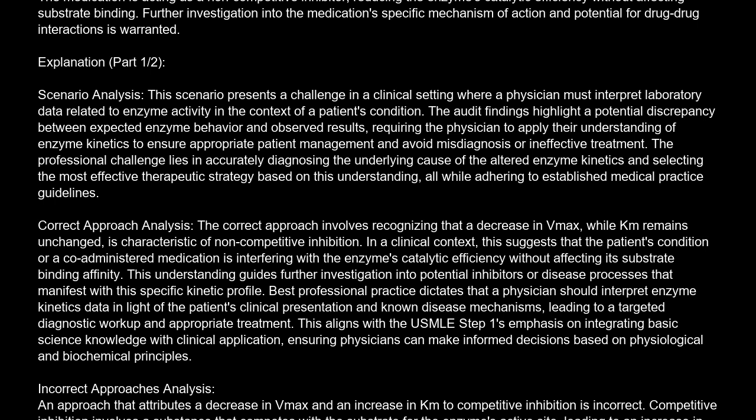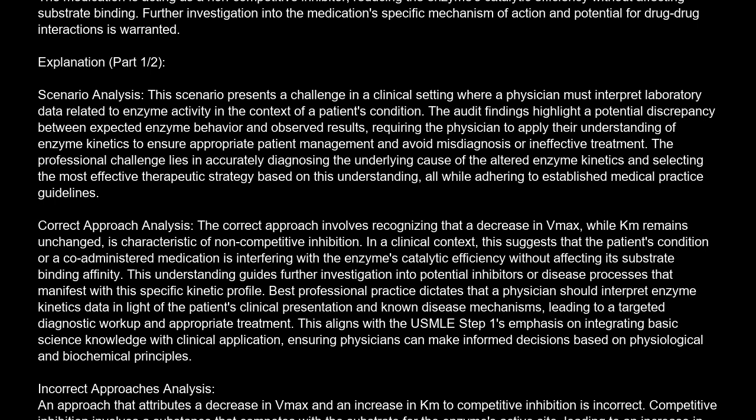In a clinical context, this suggests that the patient's condition or a co-administered medication is interfering with the enzyme's catalytic efficiency without affecting its substrate binding affinity. This understanding guides further investigation into potential inhibitors or disease processes that manifest with this specific kinetic profile.